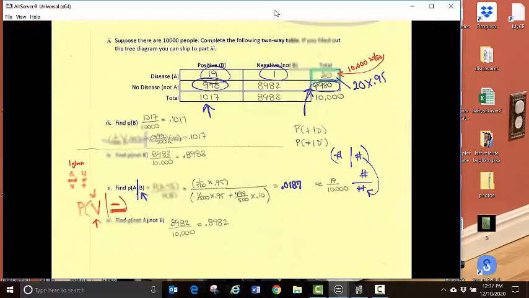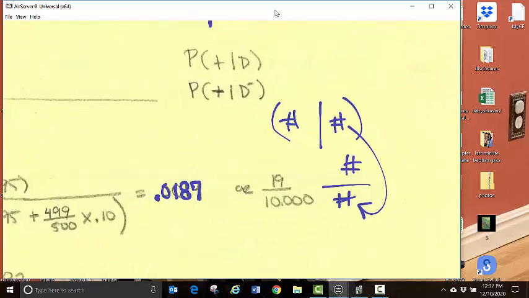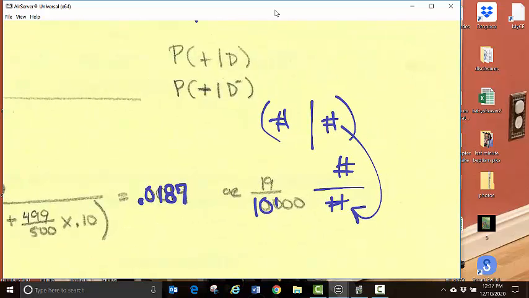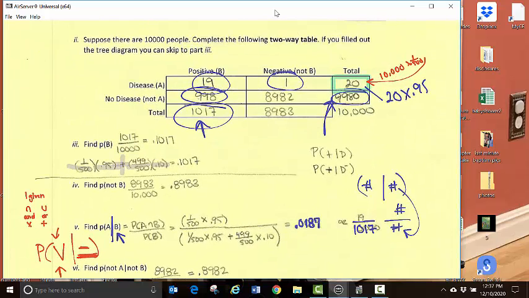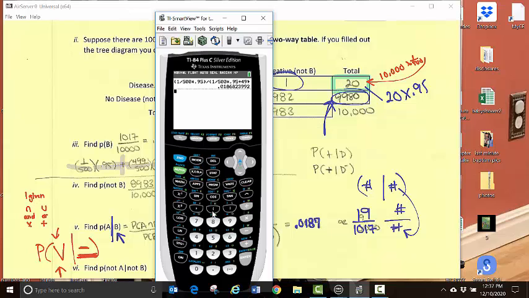So, given you got a positive, B, 1017 over, you actually had the disease. So it is much easier to find the answer from the table, but the table I think is harder to make, so you pick what you want.